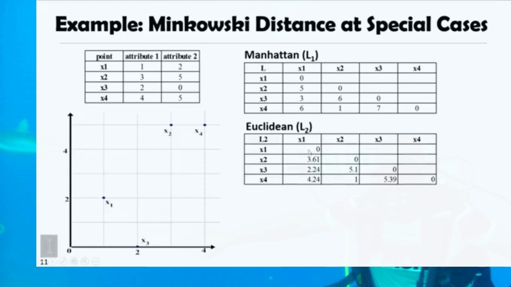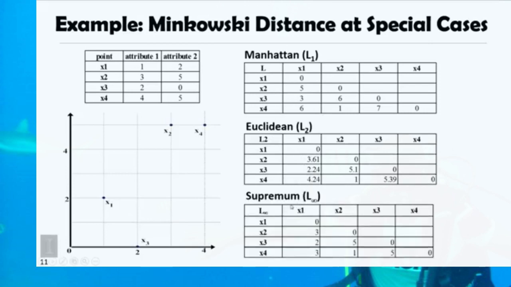And for Euclidean distance, as we discussed already, that's the measure. For Supremum distance, the L infinity norm, look at x2 to x1. The difference is you first go down 3 blocks. For Manhattan distance, you get 3 plus 2.